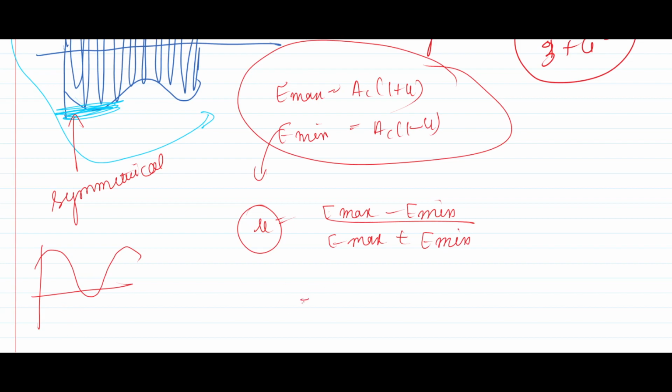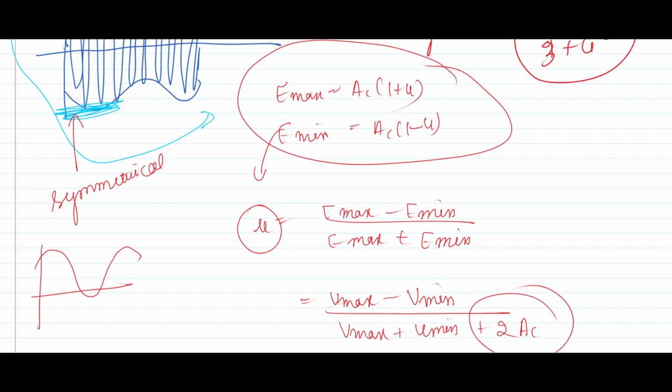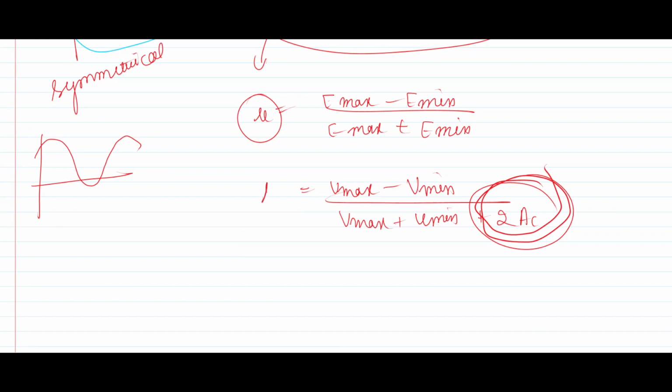Then you get Vmax minus Vmin divided by Vmax plus Vmin plus 2AC. And this is the most important part, 2AC, which is 2 times the amplitude of the carrier signal. You get mu, and you can solve any question from this. Sometimes in the ISRO exam you are directly asked about mu, and it can be easily found out using this formula.